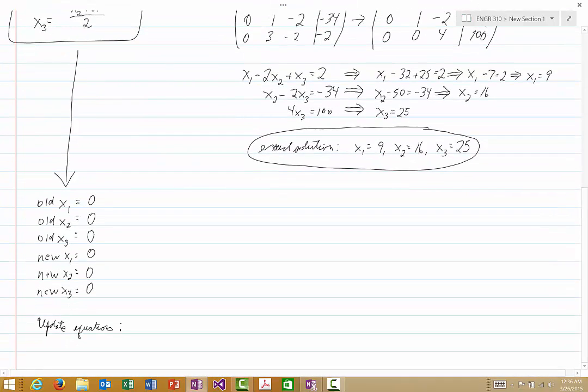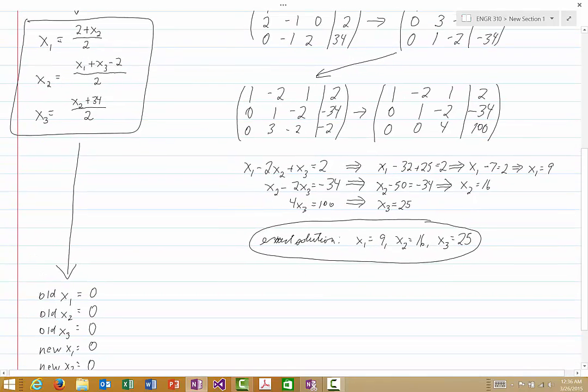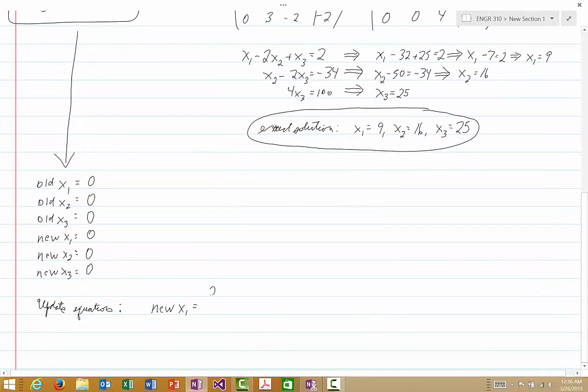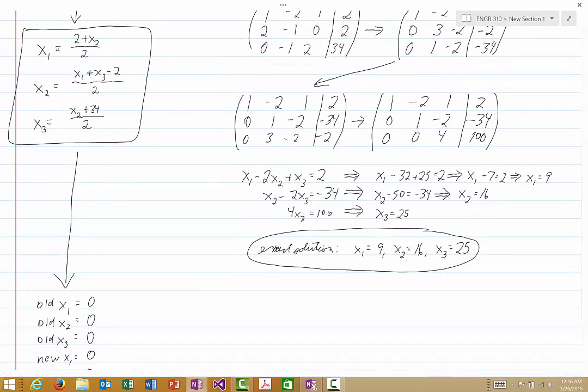So we have new x1 is equal to 2 plus old x2 over 2. That comes from the first equation here.